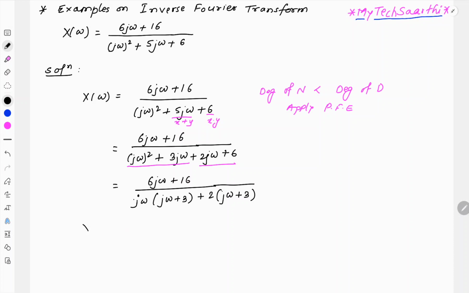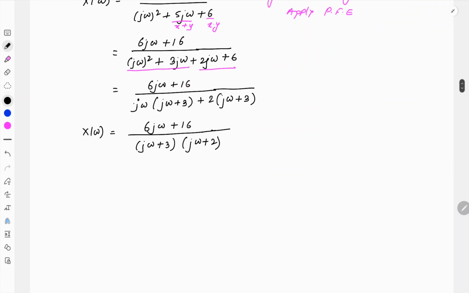So ultimately our X of ω will be (6jω + 16) divided by, now from these two terms we can take (jω + 3) common and the remaining term will be (jω + 2). So here we have obtained the roots of the denominator polynomial.